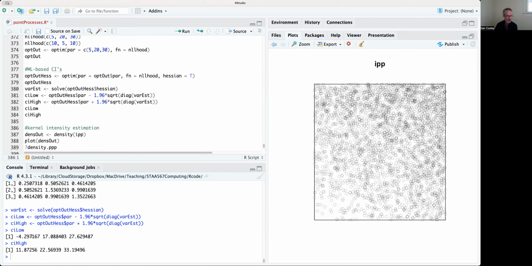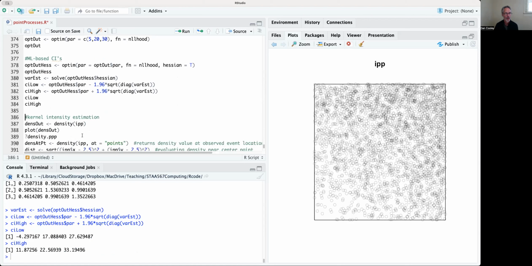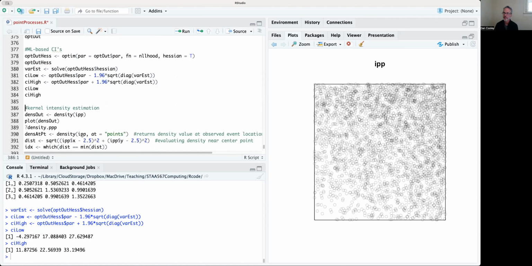So the boundary of our confidence interval for beta naught would be from -4 to 11. Beta 1 would be 17 to 22. Beta 2 would be 27 to 30. And notice that the true values are inside each of those confidence intervals. Okay, so that is parametric estimation of the intensity function.